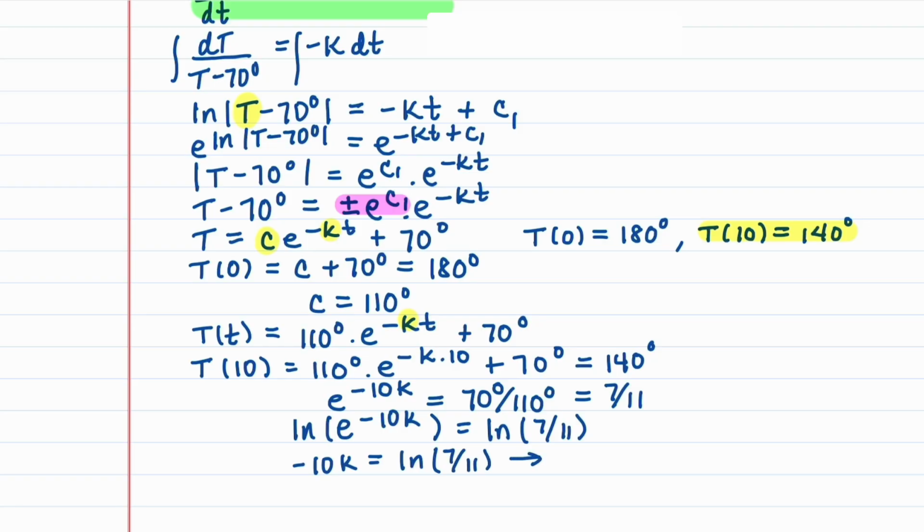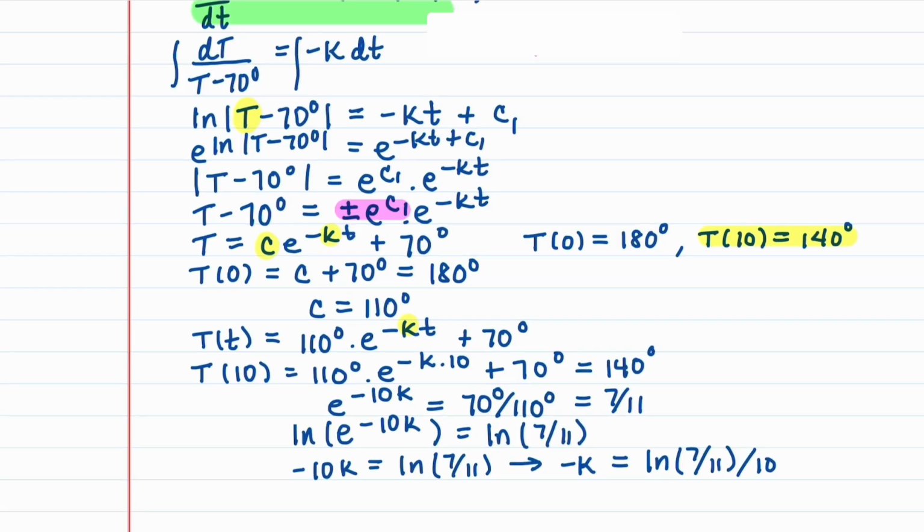And let's go ahead and solve for minus k. So let's say minus k is going to be natural log 7 over 11, all divided by 10. We are running out of room, so I am going to go ahead and write this equation for temperature and our expression for minus k over on the next page.